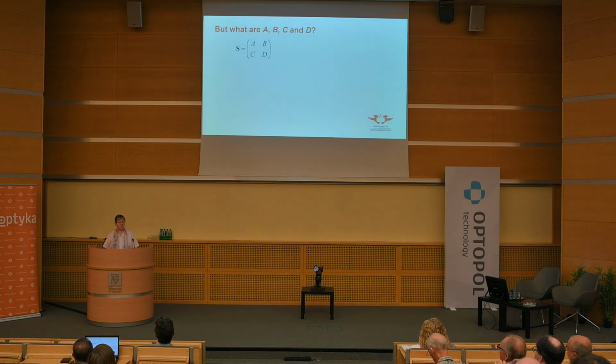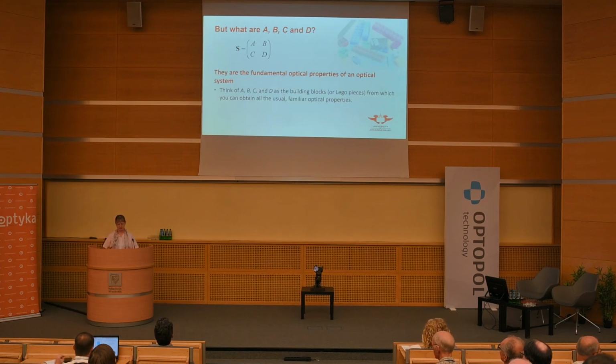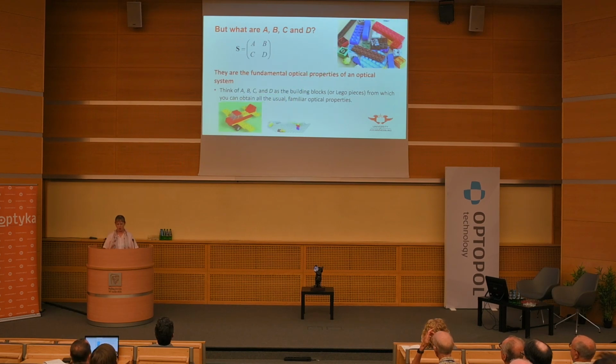After the last DPO, Joss and I were chatting about transferences or system matrices, and Joss's question to me was, but what do A, B, C, and D represent? Now, Bill Harris will tell you that they are the fundamental optical properties of an optical system, and my analogy is that they are the building blocks from which you can obtain all the usual familiar optical properties of a system.